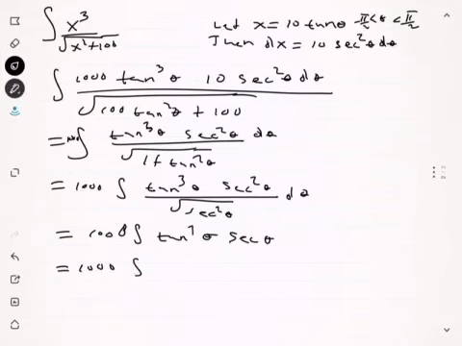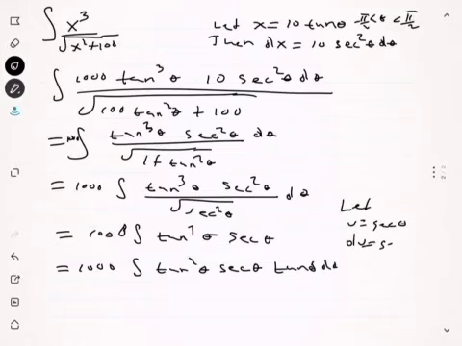So we have 1000 tangent squared theta times secant theta tangent theta d theta, and then we let u equal secant theta, then du will be secant theta tangent theta d theta, and this will be 1000 times, since tangent squared is the same as secant squared minus 1, the integral of secant squared theta minus 1, and then there's secant of theta tangent of theta d theta.